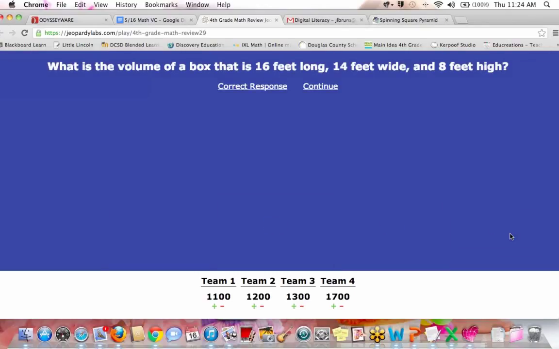Oh, all right, volume of a box that is 16 feet long, 14 feet wide, and 8 feet high. So basically 16 times 14 times 8. That's how you find the volume. So 16 times 14 times 8. Yeah, so it's a multi-step problem.